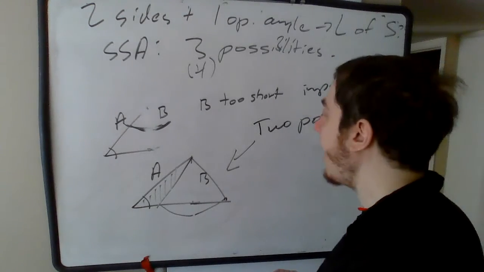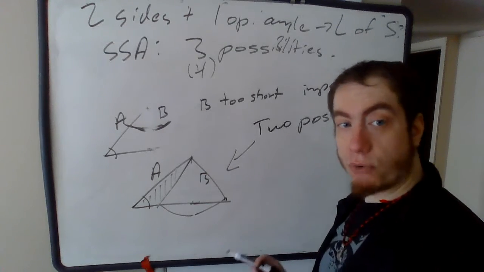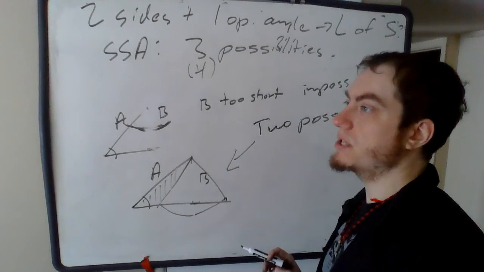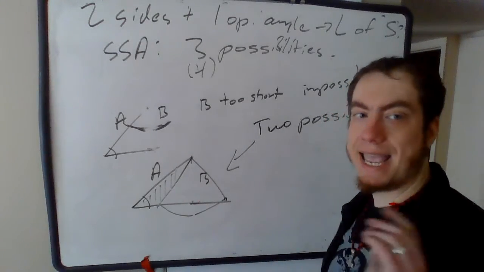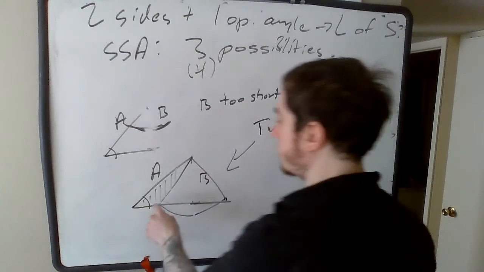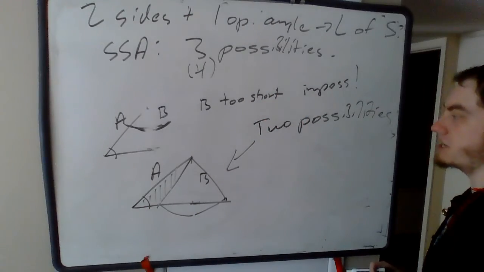How would you know that this happens? Well, what you would find is that there's going to be 2 different angles whose sine is the correct sine, and such that together with the first angle, they sum to something under 180 degrees.